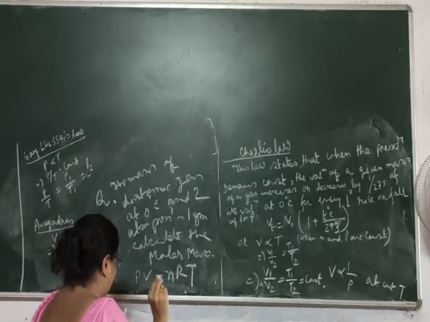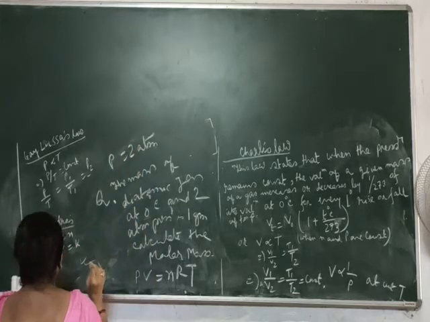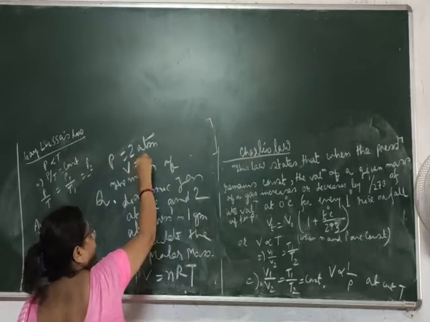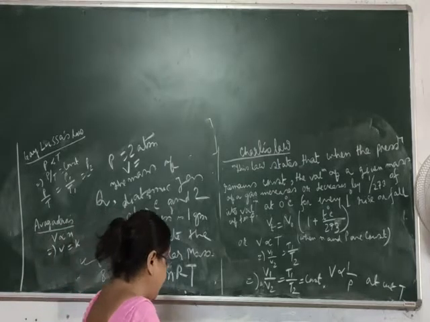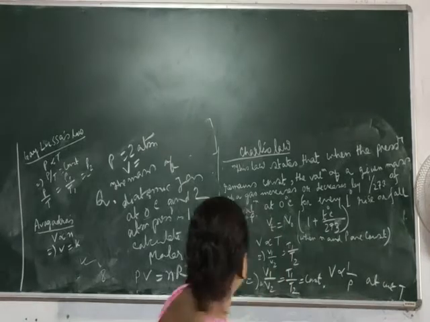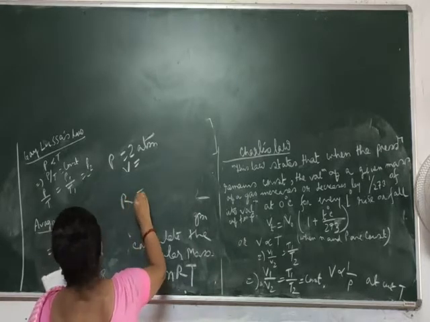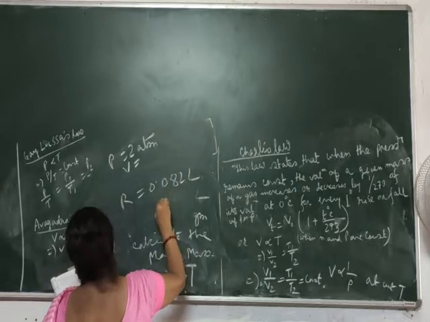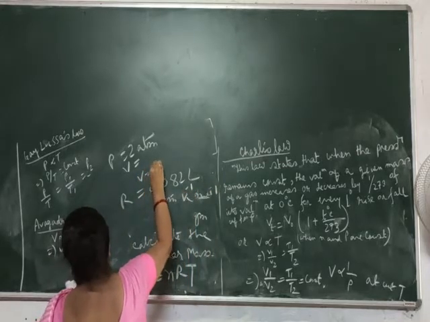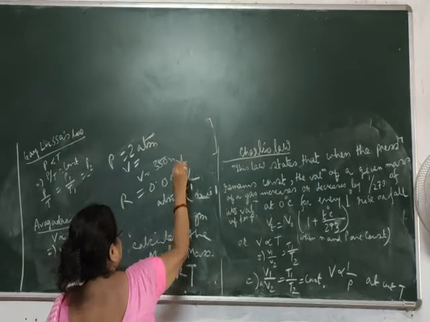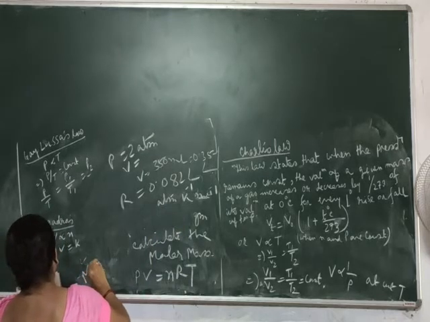Here given, P is equal to 2 atmosphere, and temperature is 0 degree centigrade, that is 273 K. Our R is equal to 0.082 liter atmosphere per Kelvin per mole, and our V is equal to 350 ml, that is 0.35 liter.